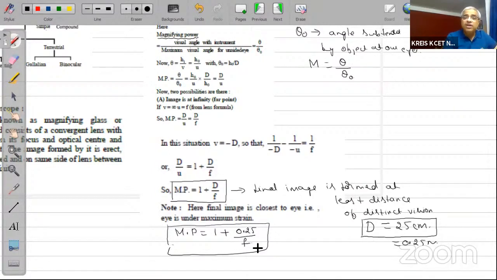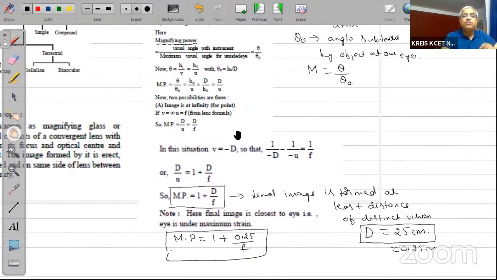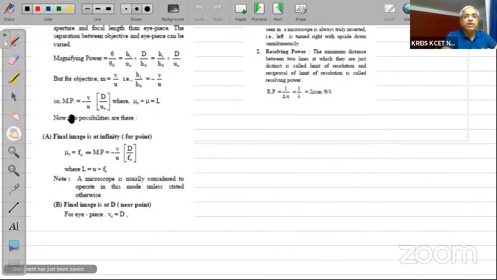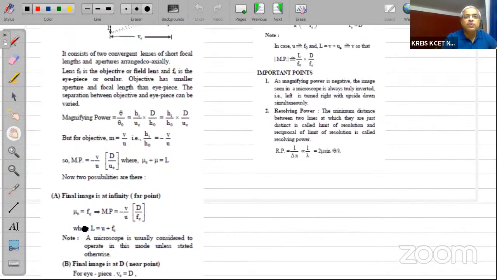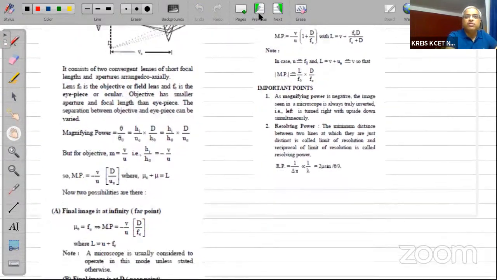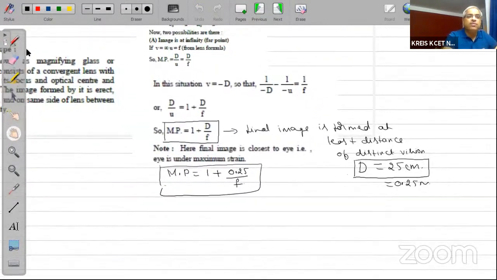Now we also have another way of producing an image. That is, produce the final image not at this least distance of distinct vision, but produce it at infinity. Okay, I think you must have done that, will you produce at infinity? Okay, before we go to the next idea, let me give you that.